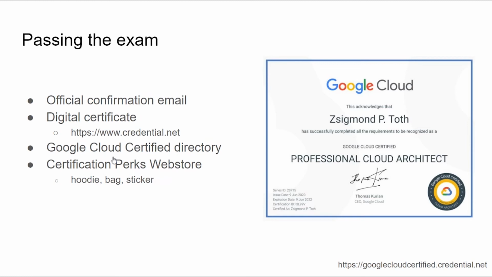Once you pass the exam, you will appear in the Google Cloud Certified directory. You can update your profile in that. You can find the link in the bottom right, Google Cloud Certified CredentialNet. And if you just visit this website and search for example, Budapest, you can search for cities.